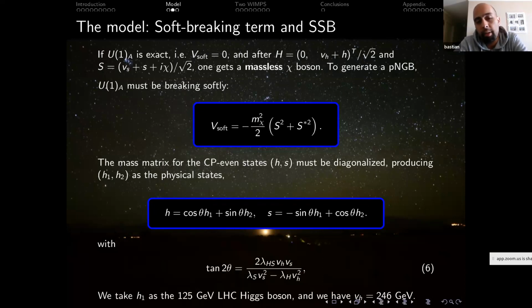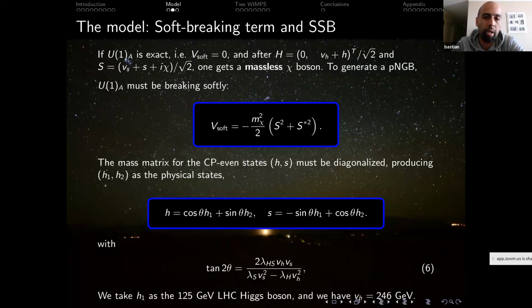And there's nothing wrong with that, of course. There are some works studying this model in that scenario, considering the fermion as the dark matter. But we said, okay, what if we make this boson massive?